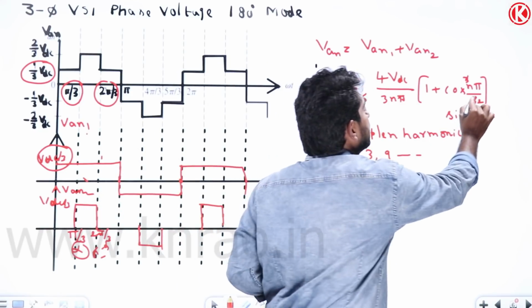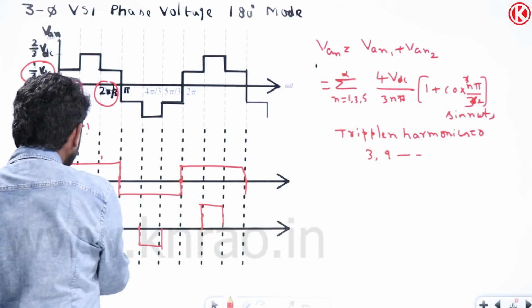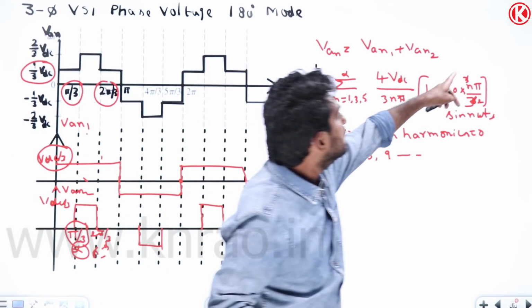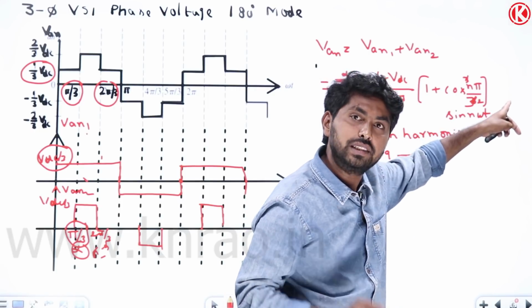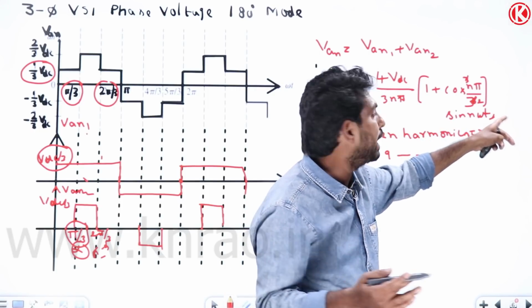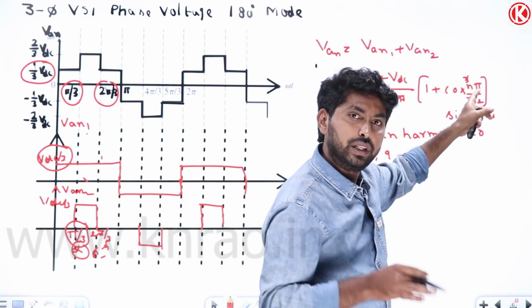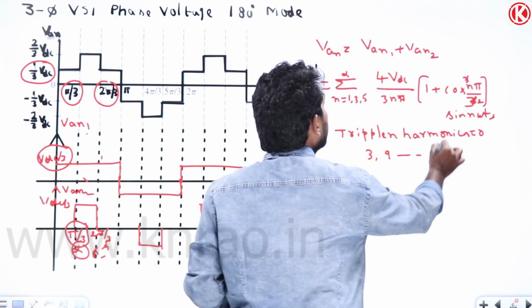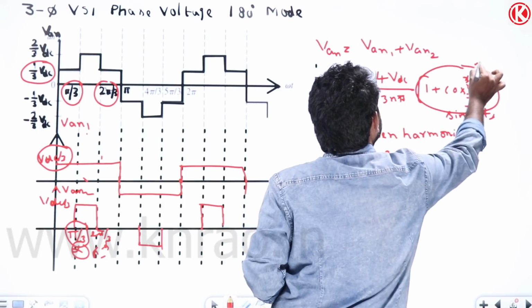Here this value is pi by 3. So cos 3 pi by 3, the 3s get cancelled out, it will be cos pi. So 1 plus cos pi is equal to 0, since cos pi equals minus 1. For example, if I substitute 9, there also we get the 0 value. So for the triplen harmonics, this total term will become 0.